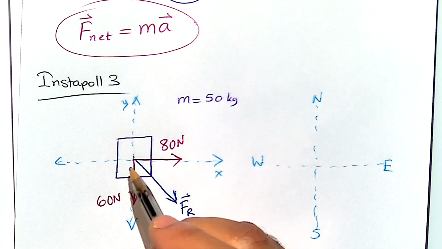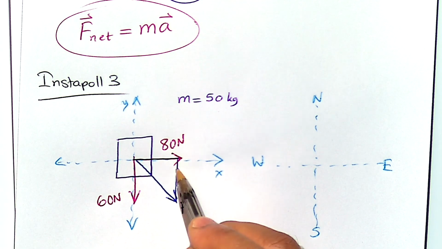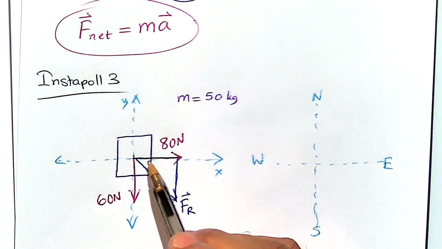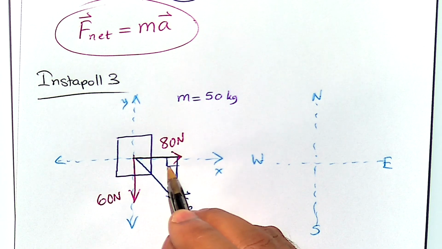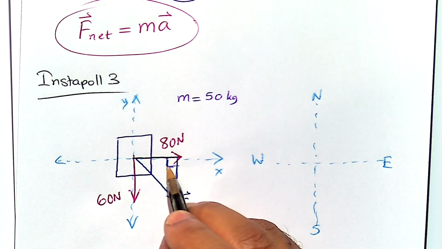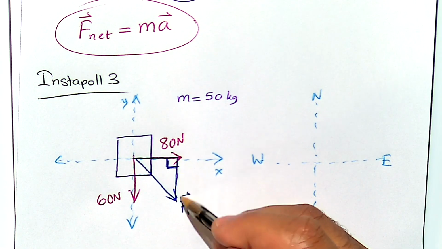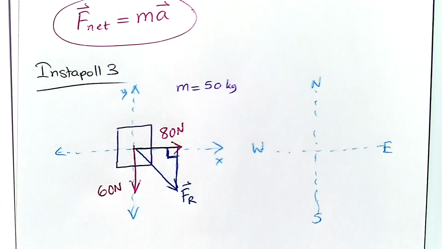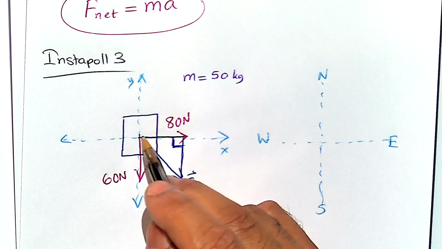Notice that you can make this into a right triangle. Always, when you think about vectors, think about right triangles. The hypotenuse is the vector itself, and then try to figure out what the other 2 sides are.